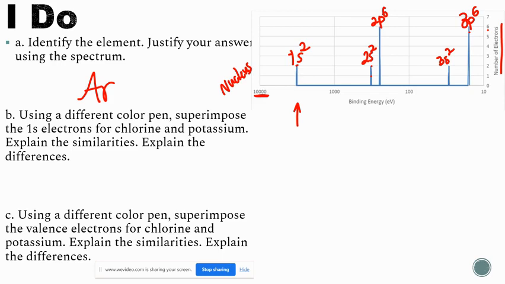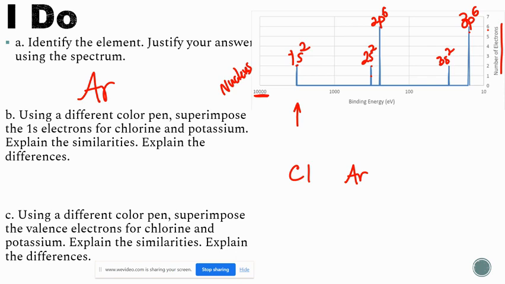I want to look at chlorine versus argon. Chlorine on my periodic table is here. Argon is right next to it. Is distance much of a factor here? No. But what is the other part of Coulomb's law?